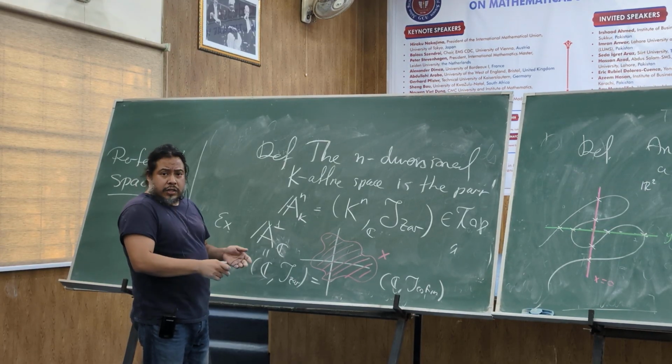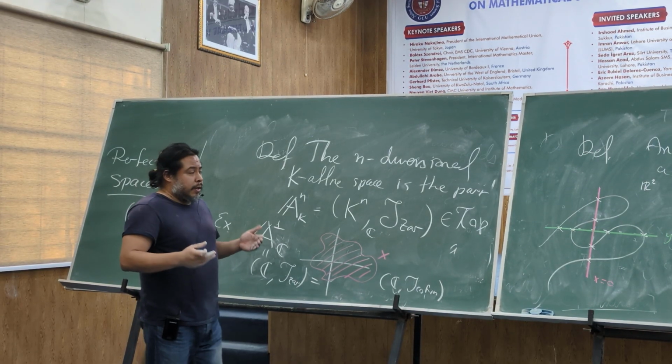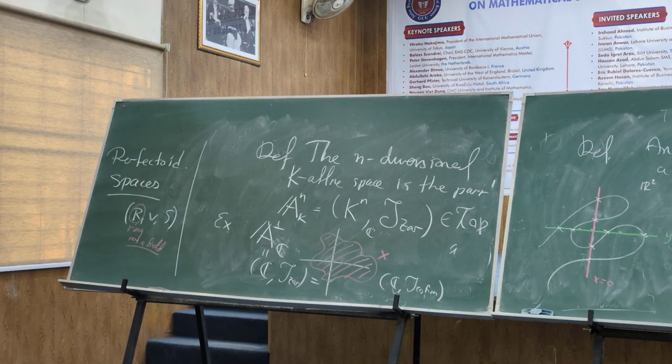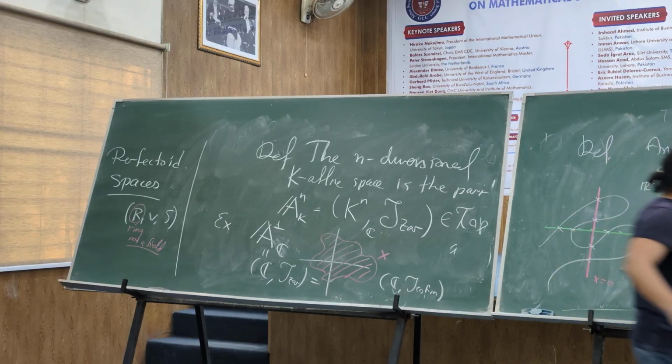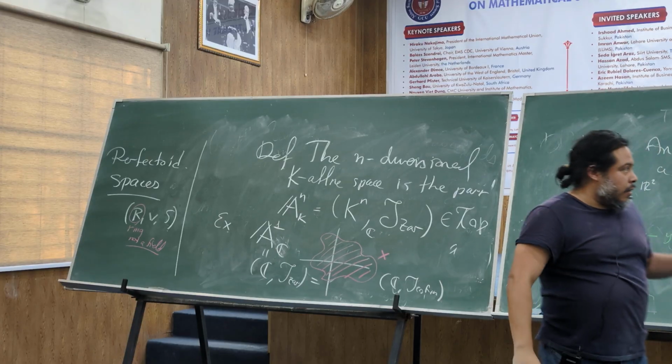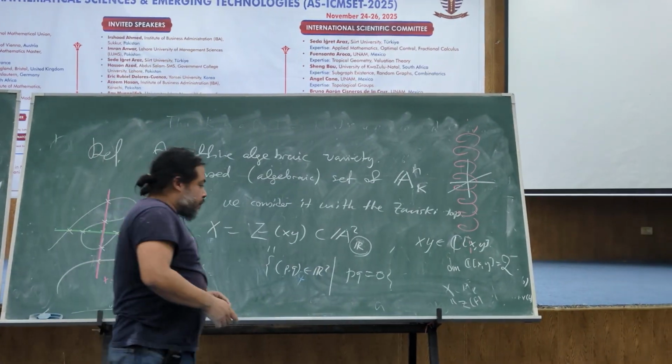So, maybe you have studied differential geometry. In differential geometry, one of the favorite curves is the ellipse, which is something like this, and in differential geometry, maybe we can consider this as a curve inside R^3.